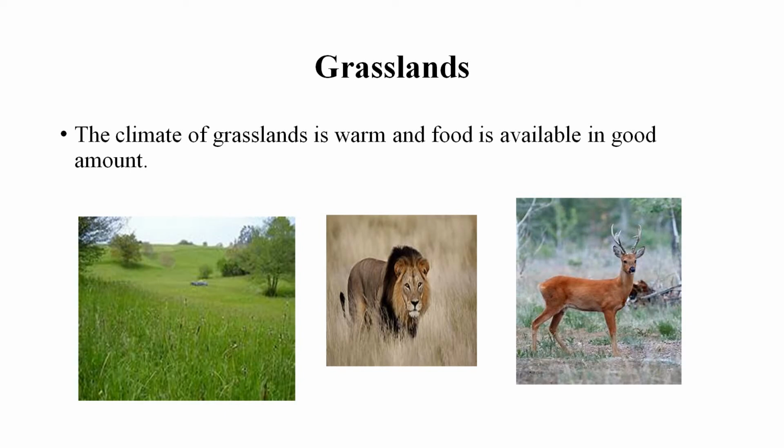The eyes of the deer are located at the side of its head. This position of the deer's eyes helps it in seeing a predator coming from behind. Students, there are many other features of a lion, deer, or any other animal that help them to survive in the grasslands.